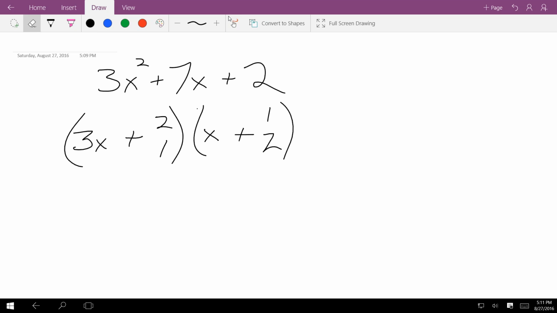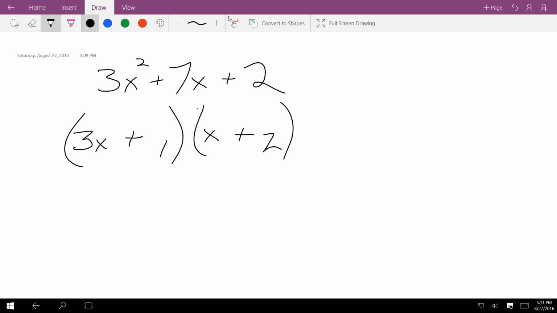Now, how do we know this produces that middle term? Well, first of all, if I want to check to see if I factored it properly, you might think we'll just FOIL this whole thing out and see if we get this. But you don't need to go to all that work. We know that 3x squared is correct, and we know the 2 is correct.